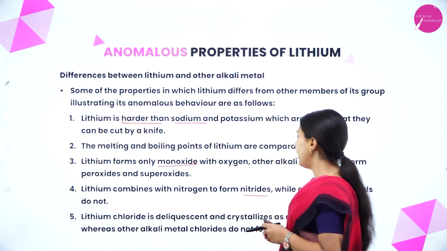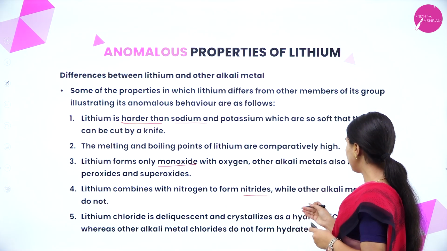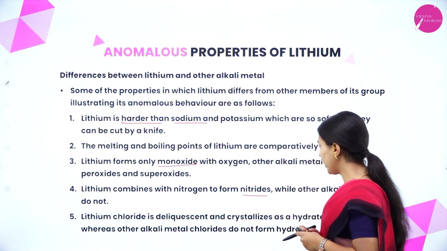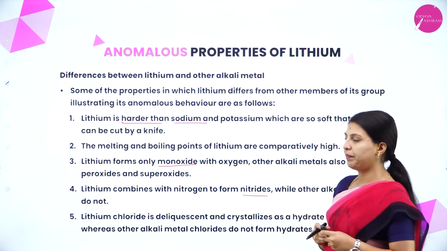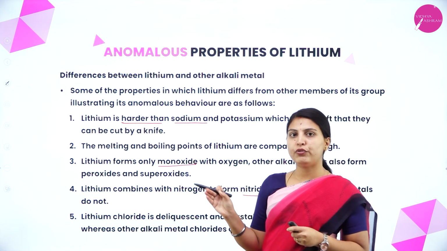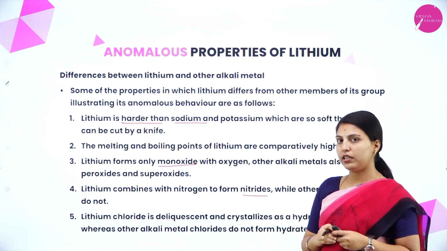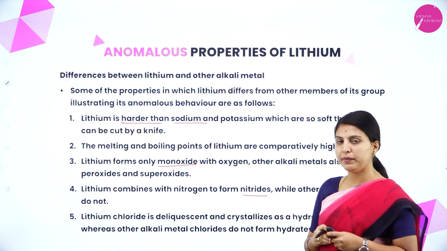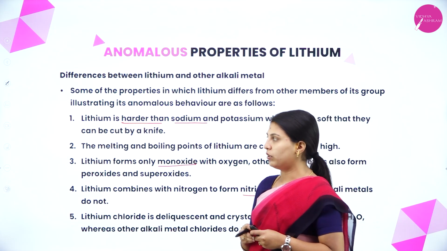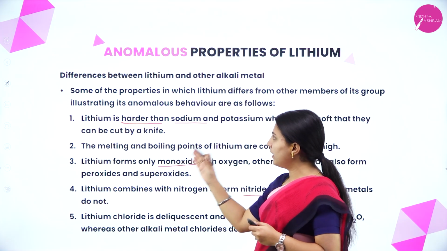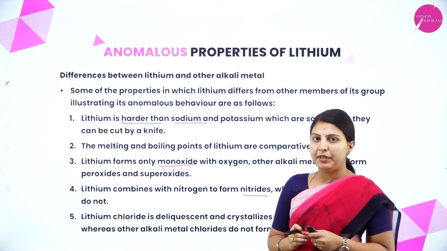Lithium chloride is deliquescent and crystallizes as a hydrate, lithium chloride hydrate, whereas other alkali metal chlorides do not form hydrates. Lithium chloride will form hydrated forms, but other alkali metal chlorides will not form hydrated molecules. These are the differences between lithium and the other alkali metals.